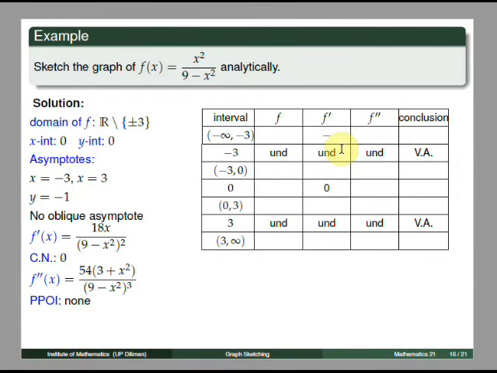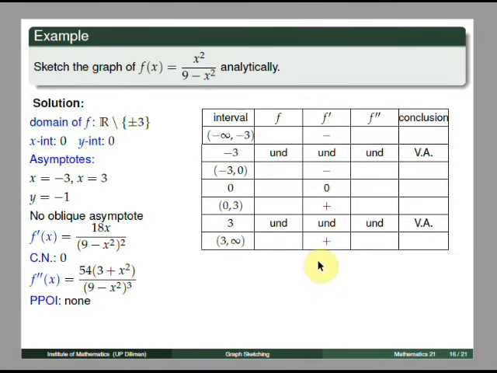Great. We can do that in each interval, and we will get negative in the interval negative 3 to 0, positive here, and then positive at the interval 3 to infinity. You may pause the video and try to solve the signs of f prime using the method I mentioned a while ago.